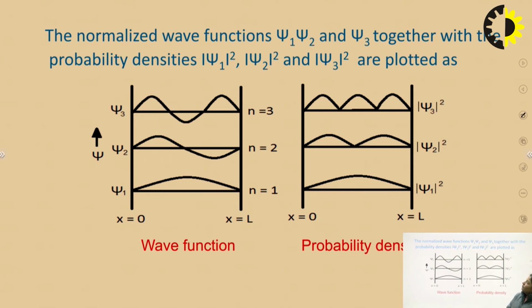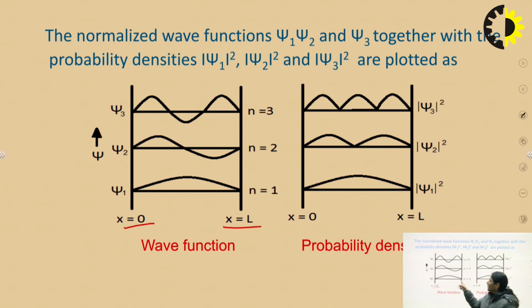Further, we can plot a graph of our wave function with respect to distance, and we can get more information about the behavior of the particle. In this graph we have the wave function against the position of the particle in terms of x. So these are the boundaries: x equals 0 and x equals L.